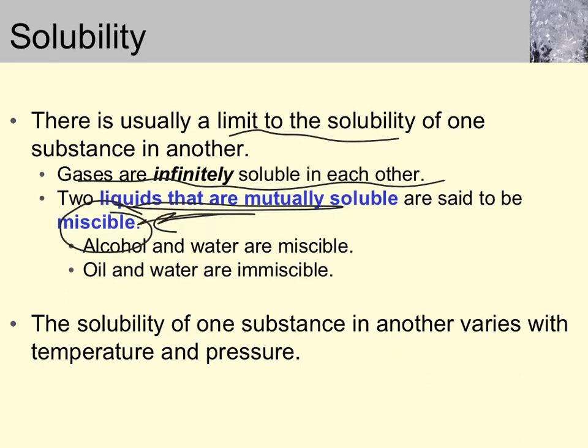Remember that, because that shows up in some other problems, and unless you realize it's referring to two liquids, it might mess up your ability to do the entire problem. So alcoholic beverages are an example of miscible liquids. And then we would say two liquids that do not dissolve in one another are called immiscible. And oil and water would be an example of that.